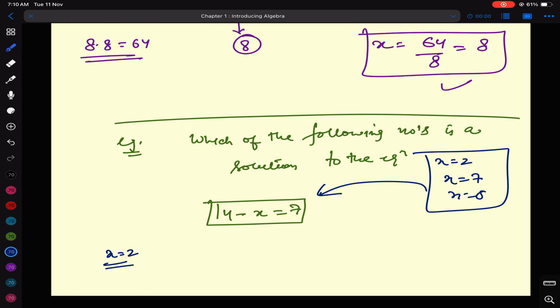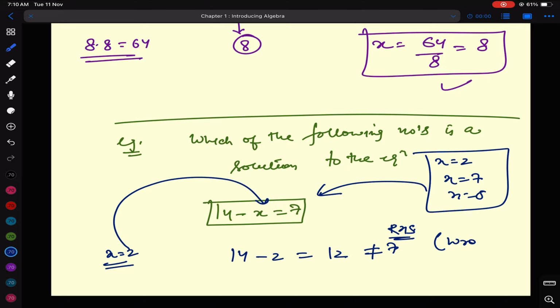Now we are going to evaluate this equation for each of the options. First is x is equal to 2, so we'll substitute x as 2. That is going to give us 14 minus 2 is equal to 12. But on the right hand side we had 7, so they are not equal. So definitely this is not going to work, or you can say this solution is not satisfying the equation, right? The next is x is equal to 7, so 14 minus 7, which is equal to 7.